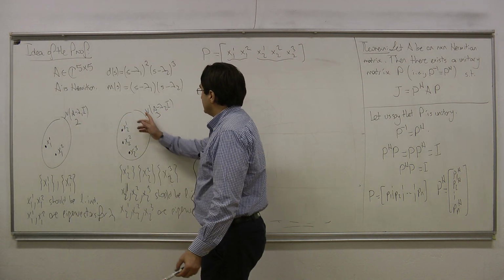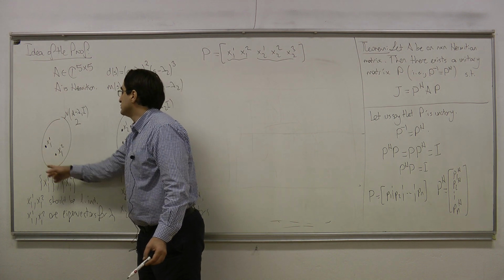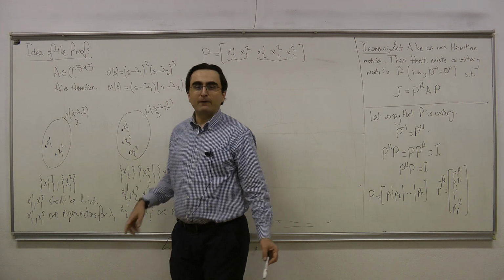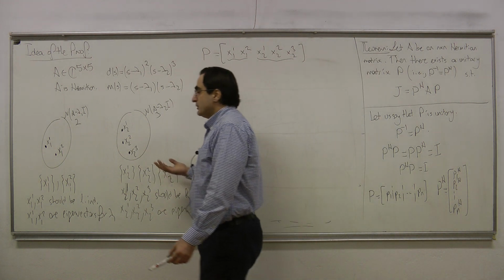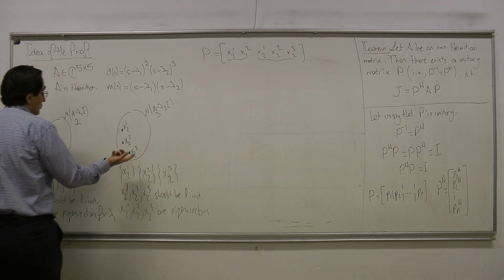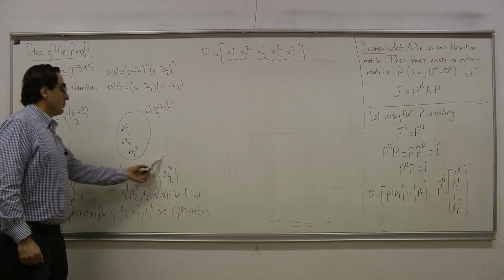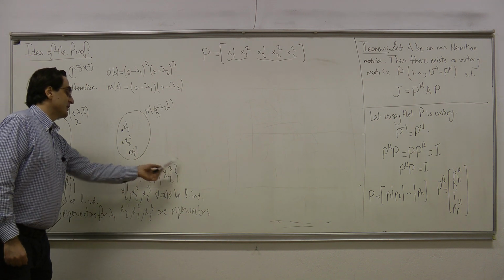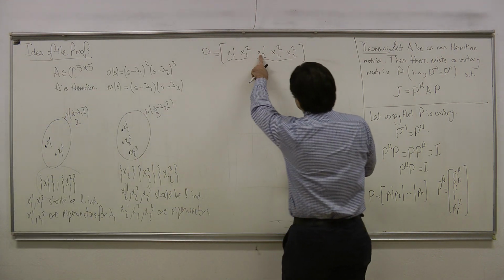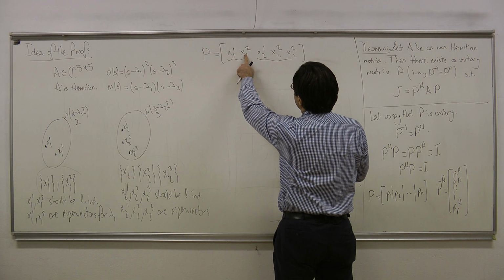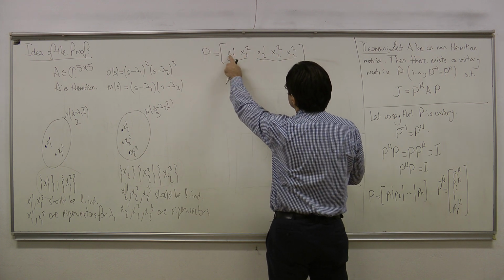This means that the vectors in this null space would always be orthogonal to the vectors in the other null space, and vice versa. So these two vectors would be orthogonal to all of these three vectors. So I know that x21 is orthogonal to x11 and x12. x22 is orthogonal to these two vectors. x23 is orthogonal to these two vectors.